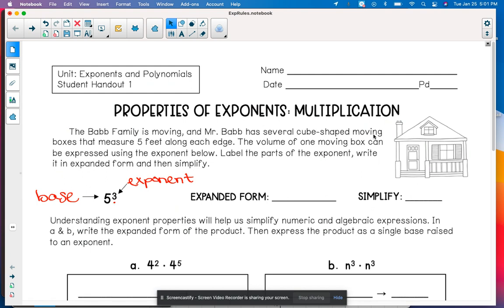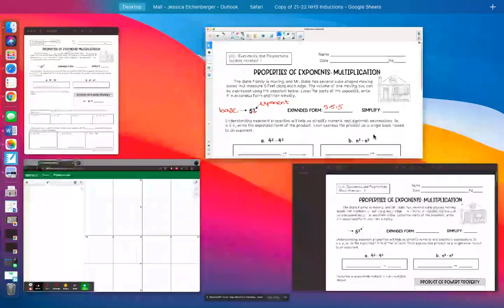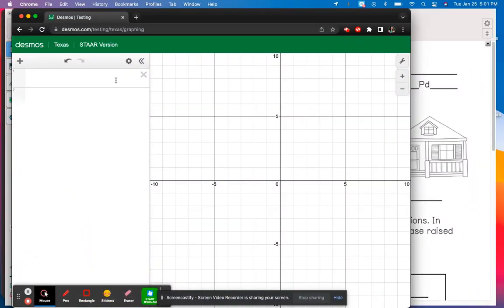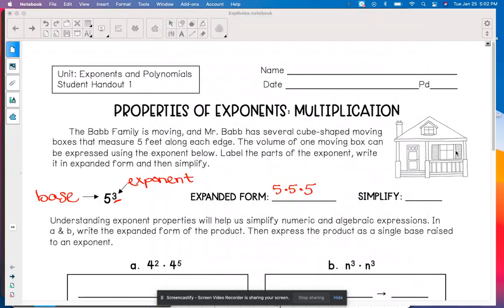So 5 times 5 times 5. So to simplify this, I just multiply them together, and we can use Desmos for that. So if we go to Desmos, I have 5 times 5 times 5, which is 125.